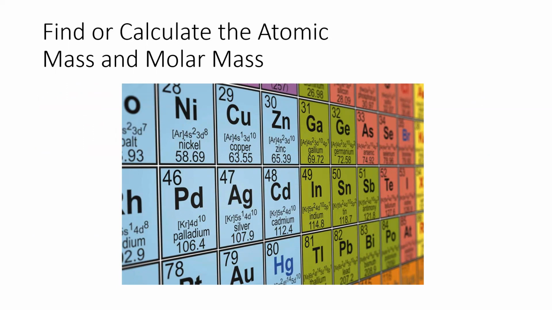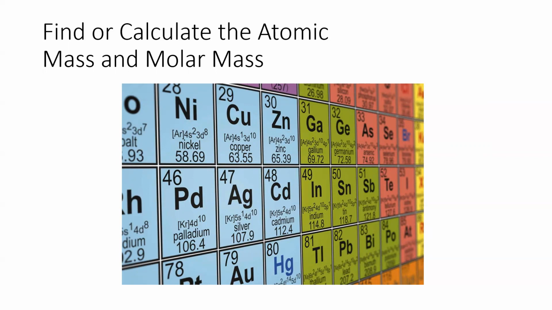And if it's a molecule or a compound, there'll be multiple atoms, and so you would want to just sum all of those up. So for example, for copper oxide, if it was copper 2 oxide, the formula would be CuO.